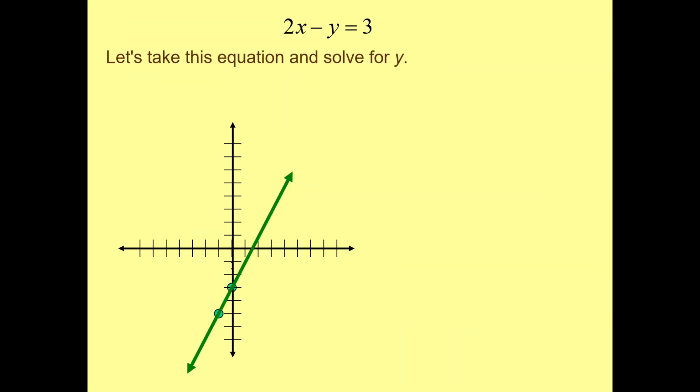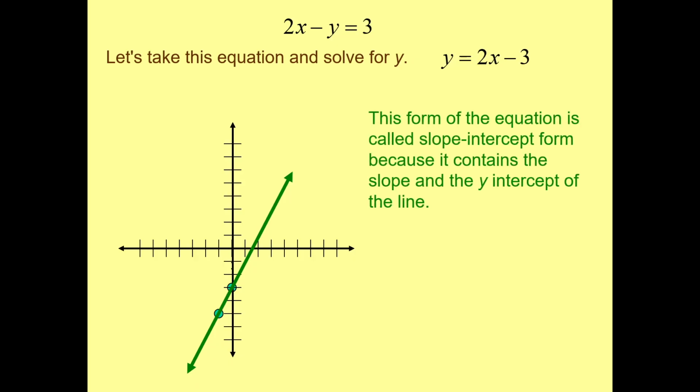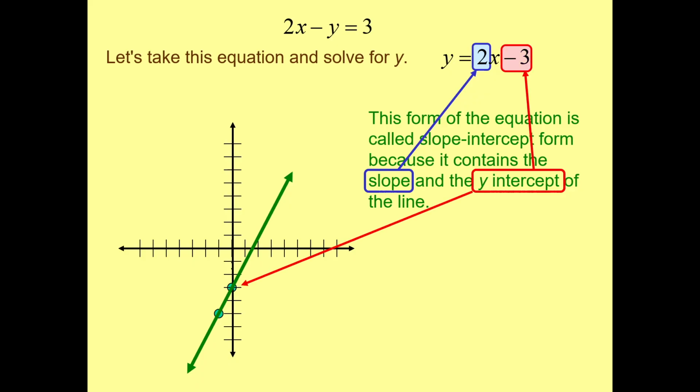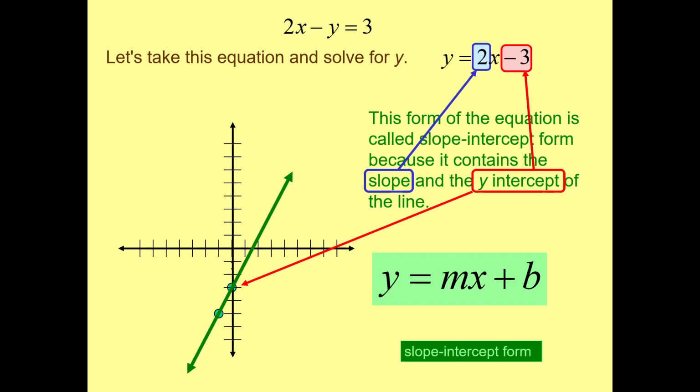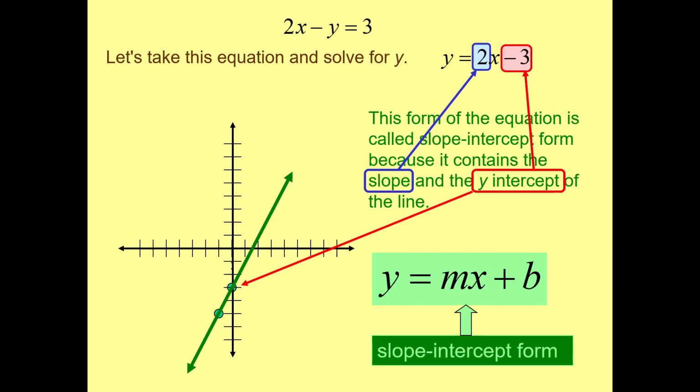You can pick another x. Third point here. This form here of a linear equation is called slope-intercept form. It contains the slope and the y-intercept of a line. Call that the slope-intercept form of a line.